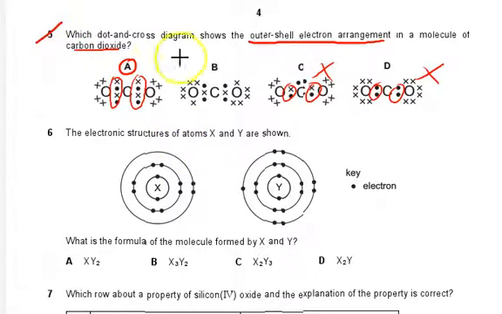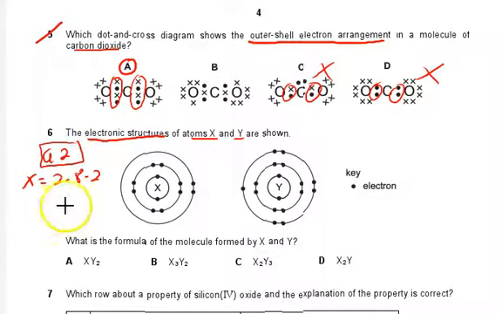For number 6, there are electronic structures for atoms X and Y. What is the formula of the molecule formed by X and Y? For X, you have 2, 8, 2. This is definitely group 2, and the ion formed will be X2+, and this is a metal. For Y we have 2, 8, 7.